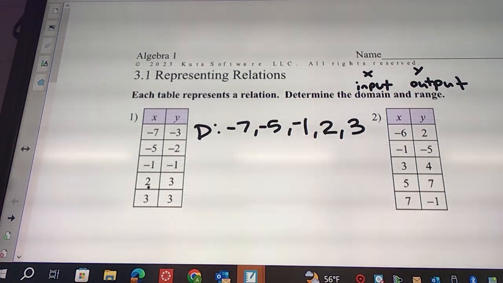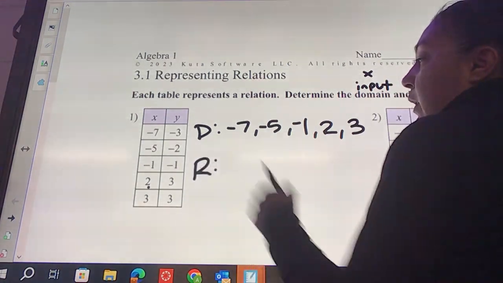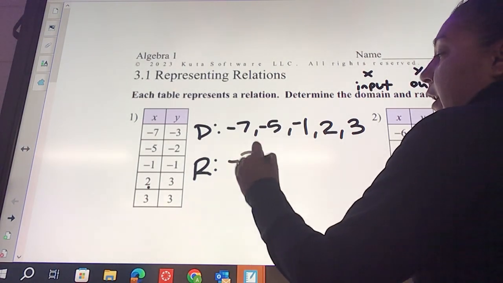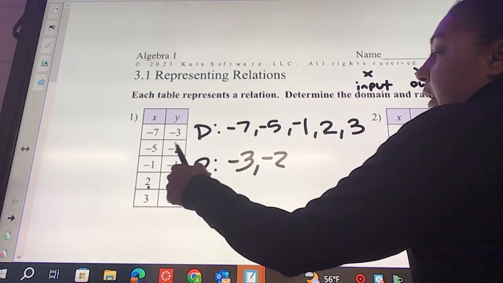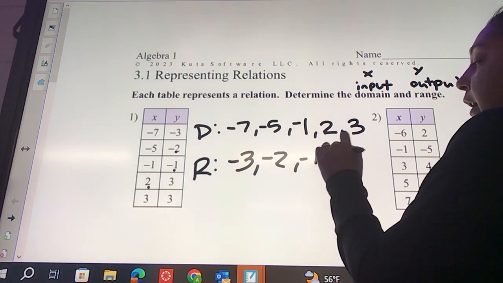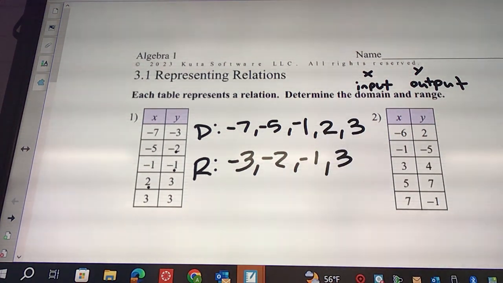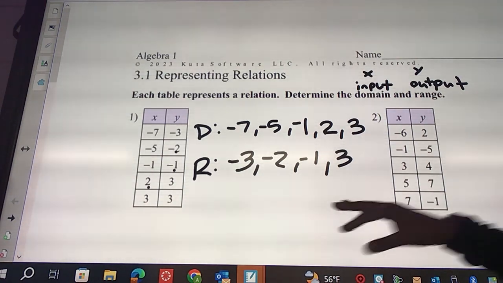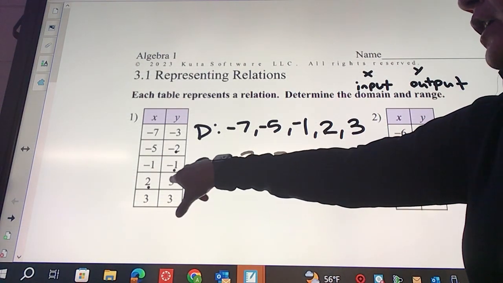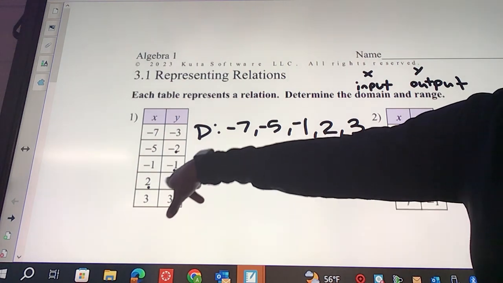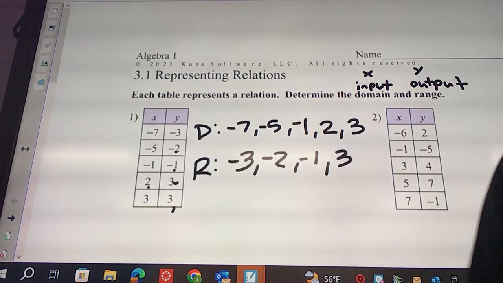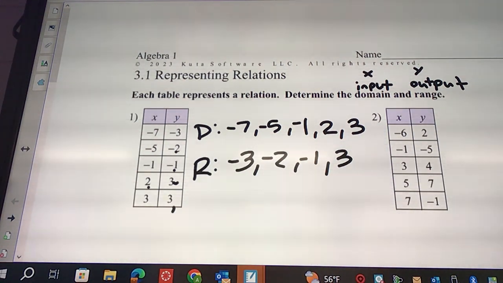Okay, the range. We got -3, -2, -1, and 3. Now, let's take a second, time out, stop, let's talk. We can see here on this one that I got 3, and I got 3. You do not repeat the number. Does everybody hear me?